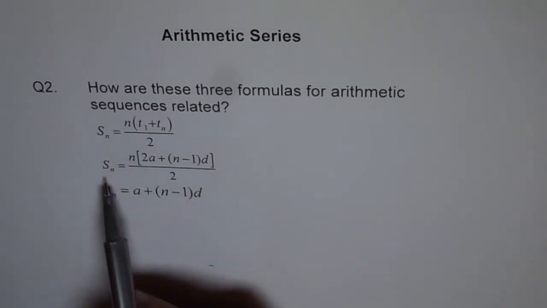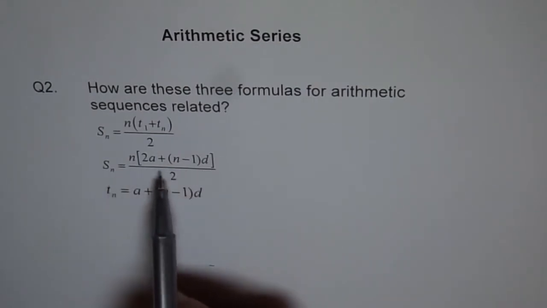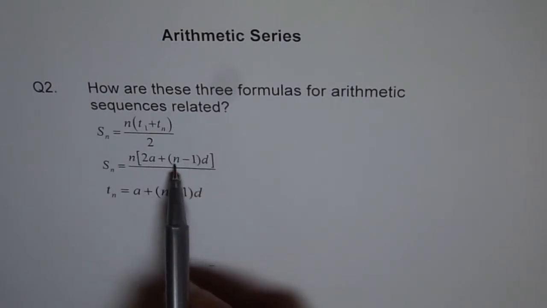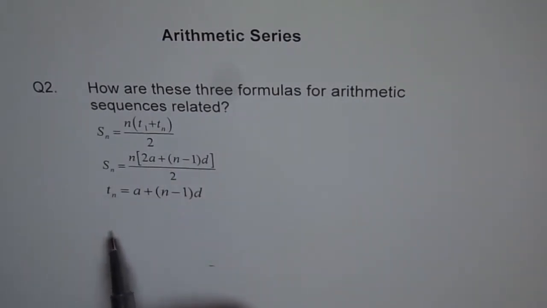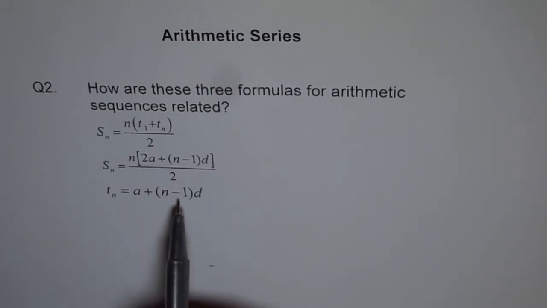So the sum of terms of an arithmetic sequence is given in terms of the first term and the common difference, knowing how many terms there are. Now the third formula we have here is Tn, which is a general formula for the nth term of an arithmetic sequence. The nth term is the first term a plus (n minus 1) times the common difference d. Correct?